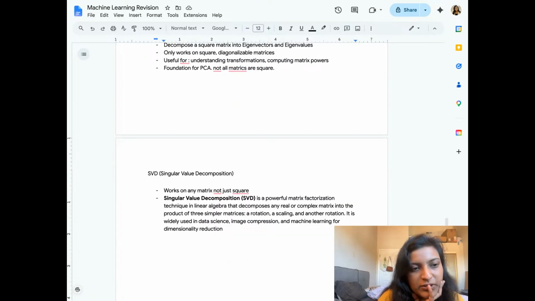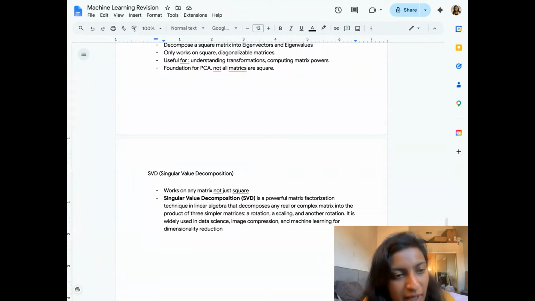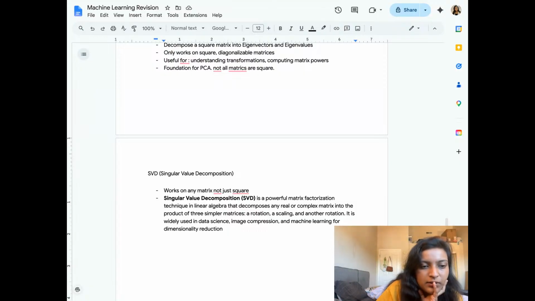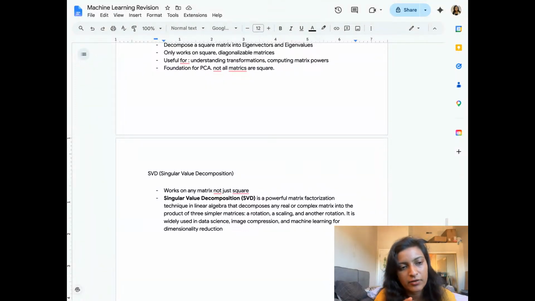Any m by n matrix A, regardless of its rank or whether it is square, can be decomposed by this particular formula. One is an orthogonal matrix representing rotation, one is scaling, and another is another rotation.